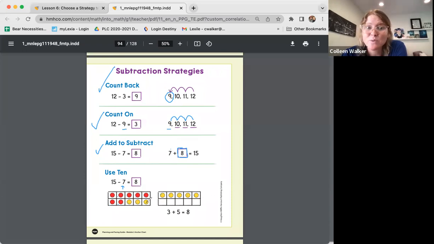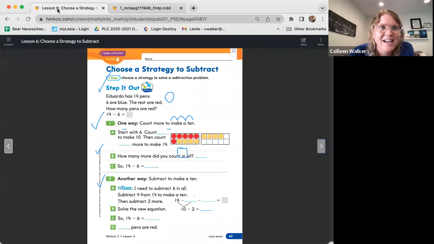In this case, we needed 8 more. So we know that 15 minus 7 equals 8. So friends, today we're going to get to practice using these strategies. Counting back. Can everyone say counting back? Counting on, add to subtract, and using 10. All right, so let's get into our lesson.